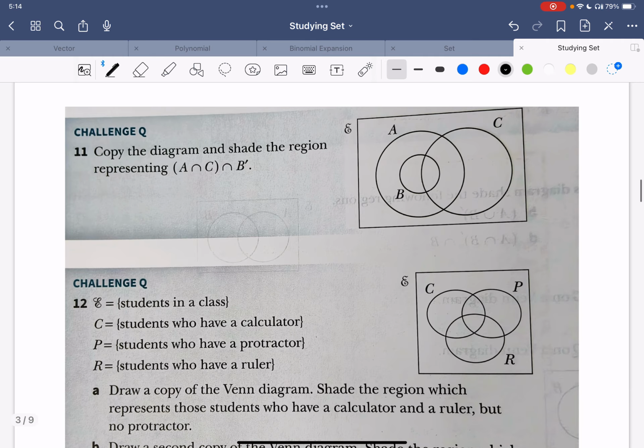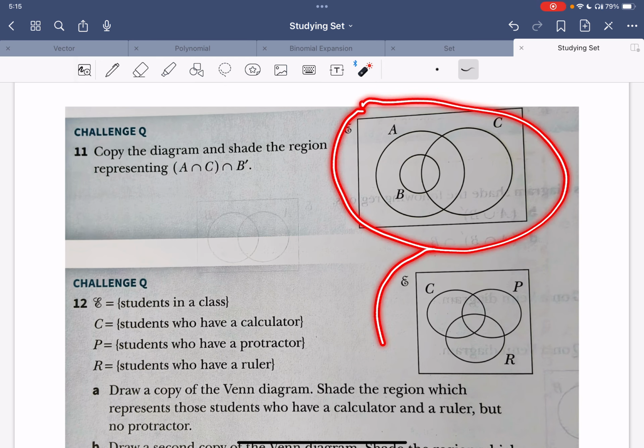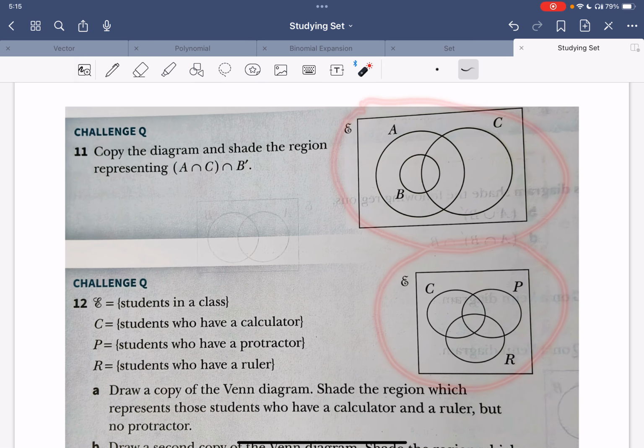Now let's practice drawing the Venn diagram. Please draw the two diagrams on your paper. You can pause the video now to draw them. And then we can see how we can draw this set notation on the Venn diagram.